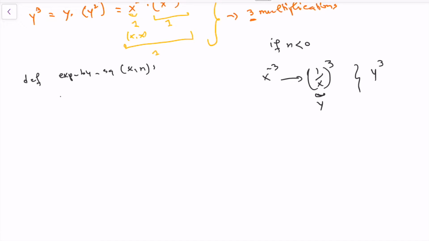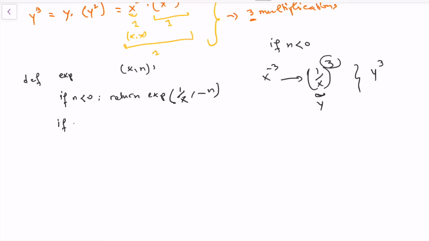And so let's apply that for n less than 0. Then we can just return, to make this shorter to write, let's just make this exponent, so it would be 1 divided by x, that's the new value for x, and for n it's just minus n, right?